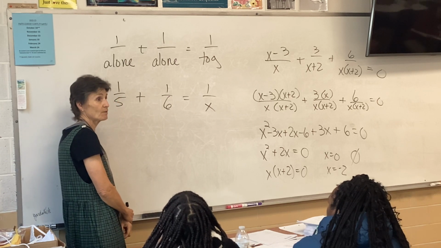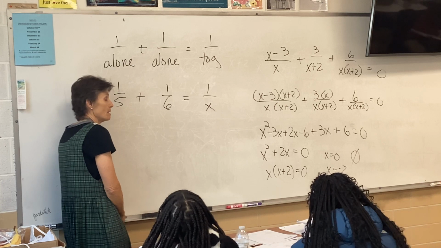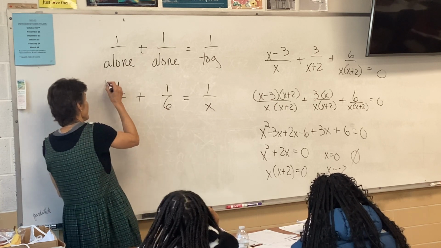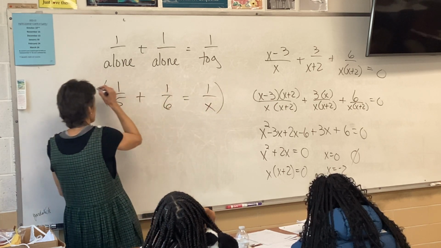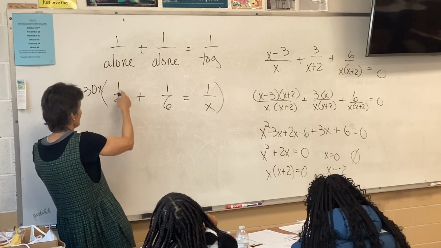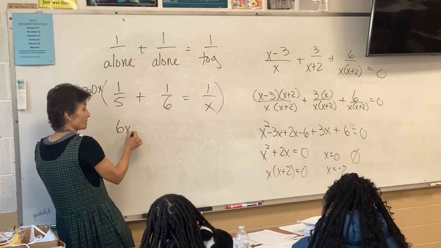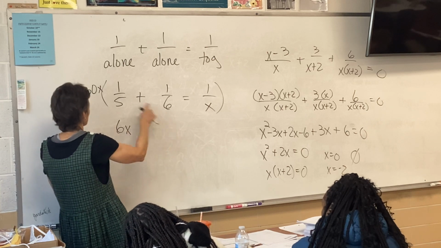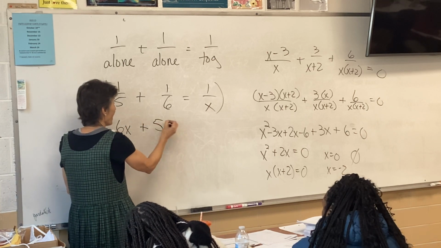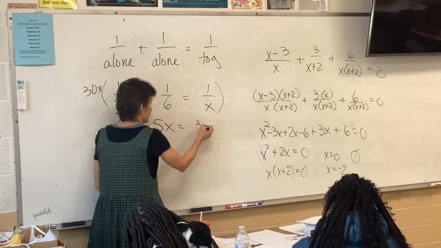Multiply the whole thing by 30x. Now, if we multiply the whole thing by 30x, then this will be 6x, this will be 5x, and that'll be 30.